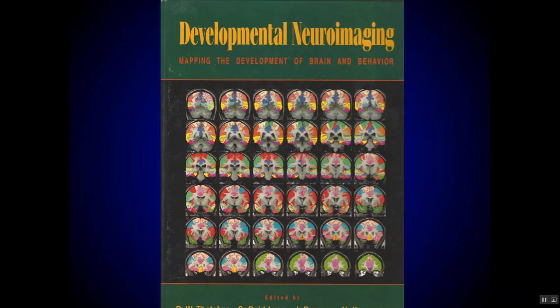The second volume that came out in 1995 is Developmental Neural Imaging, in which we, again, put together all the various parts of imaging with different modalities from birth to old age, and showed some of the ways that this neural imaging methodology is useful to understand the development of the human brain.